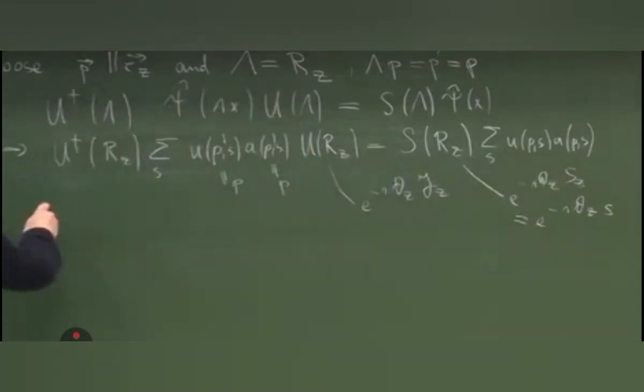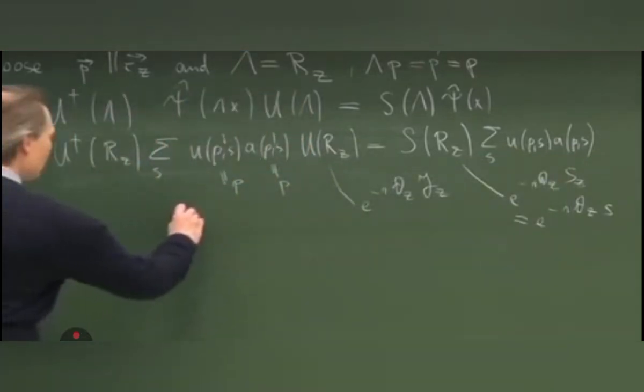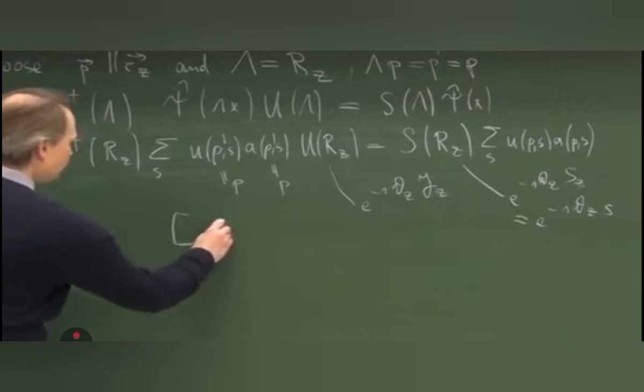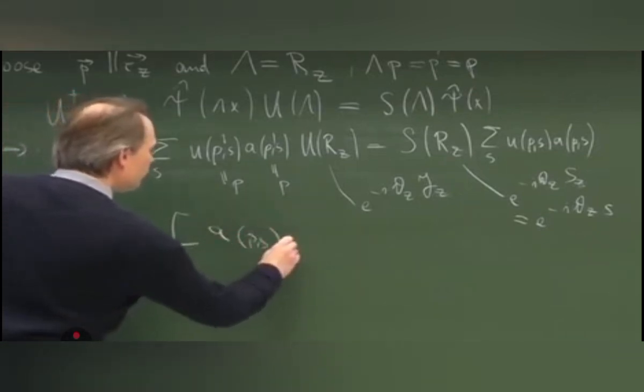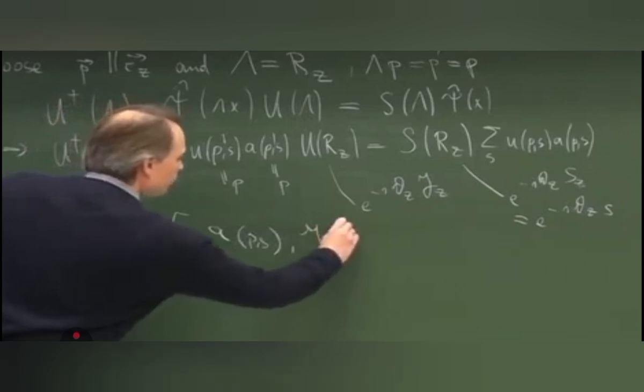And so therefore, we can now read off the commutator of A of p comma s with the full angular momentum operator Jz on our Hilbert space of states. And the result is our index S times the same operator A of p comma s.